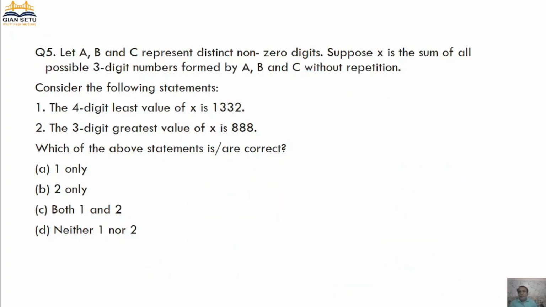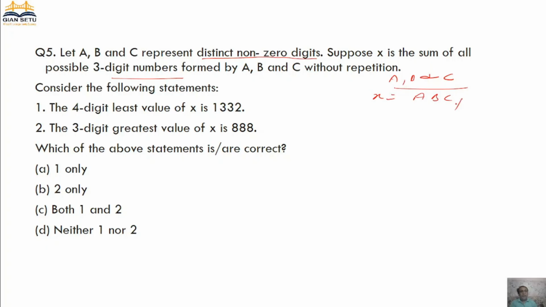Let A, B and C represent distinct non-zero digits, right? That means none of the digits repeats. Suppose x is the sum of all possible 3-digit numbers A, B, C without repetition. Suppose we have digits A, B and C, then x is equal to the sum of all possible combinations of A, B, C, right?